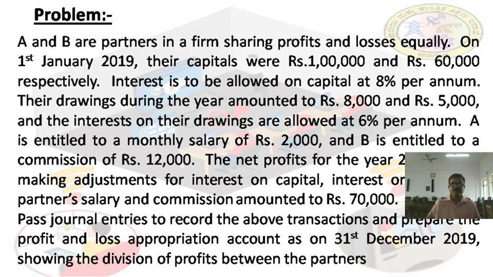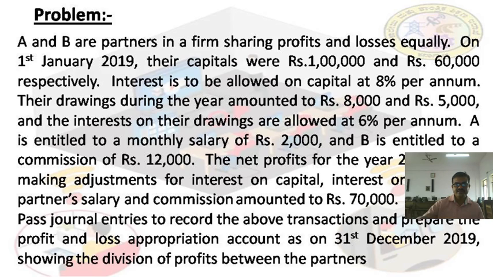Interest is to be allowed on capital at 8% per annum. Their drawings during the year amounted to rupees 8,000 and rupees 5,000. And the interest on their drawings is allowed at 6% per annum.